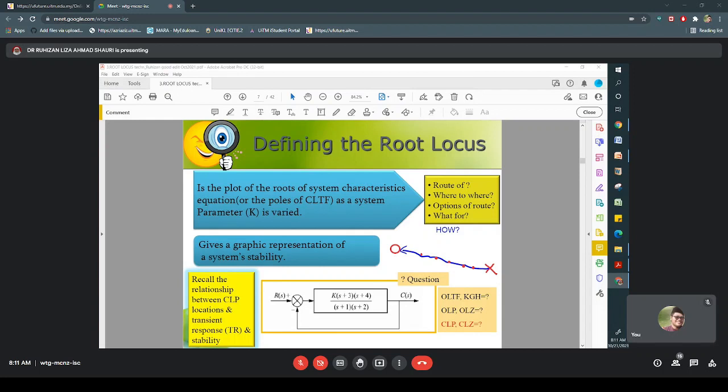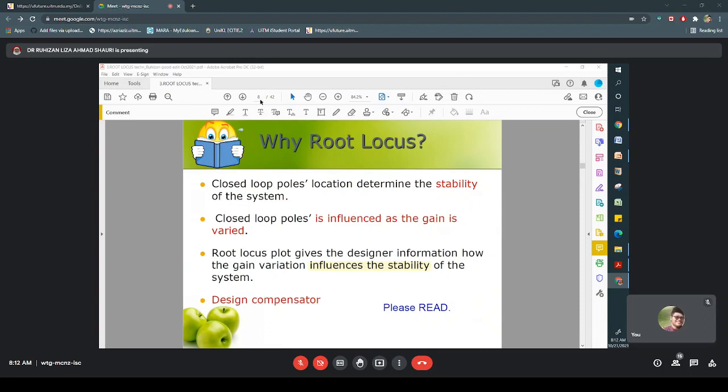All right. After the definition, you look at page 11. Please try to understand how K is related to the closed loop poles, in the tedious way of solving the location of closed loop poles. For this example, page 11.